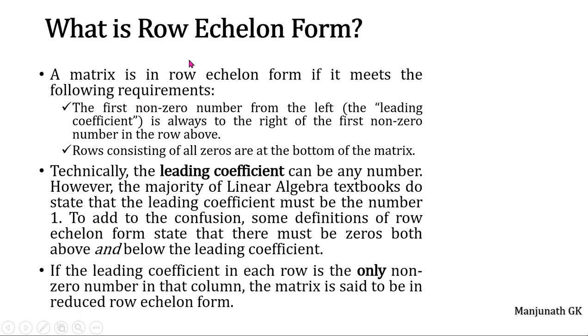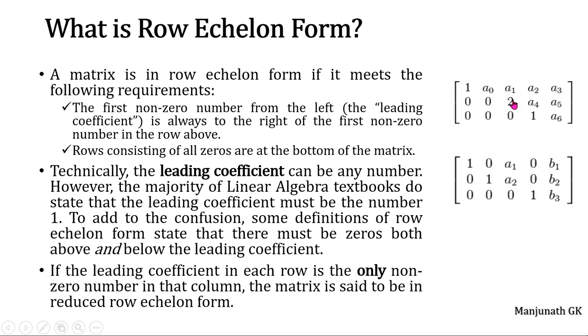Now what is the difference between the row echelon form and the reduced row echelon form? If the leading coefficient in each row is the only non-zero number in that column, then the matrix is said to be in reduced row echelon form. That is the difference here. You can consider this as row echelon form. Actually it is not, because the leading coefficient in row number 2 is not 1, it is 2 here.